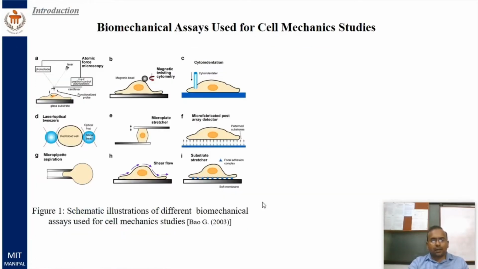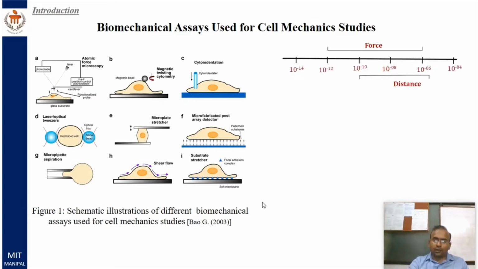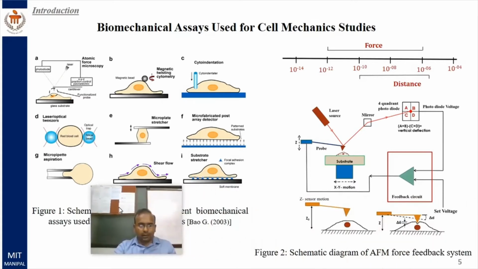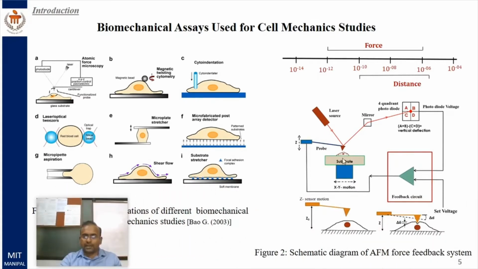In order to understand the cell, researchers have developed various biomechanical assays, and among them, the AFM stands out clearly because of various advantages associated with it. Many of them are very well known to us, and here I'm just showing this schematic diagram of the AFM force feedback system.